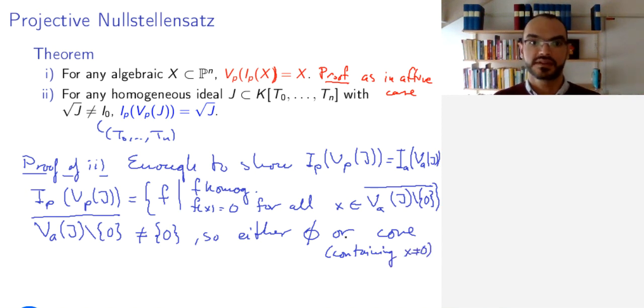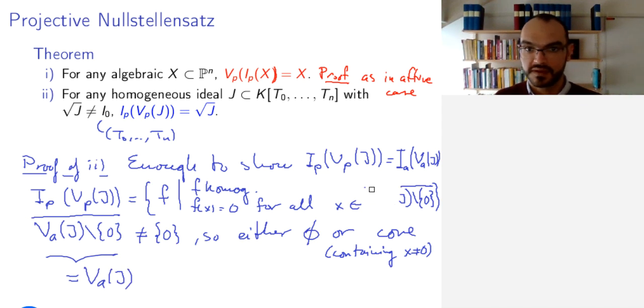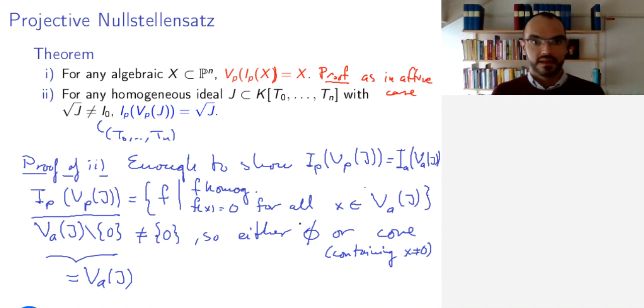Containing some non-zero x. In both cases, this removal of 0 and taking closure cancels out, so this is in fact equal to VA of J. So we can replace this part by VA of J. But now VA of J is a cone because J is a homogeneous graded ideal.